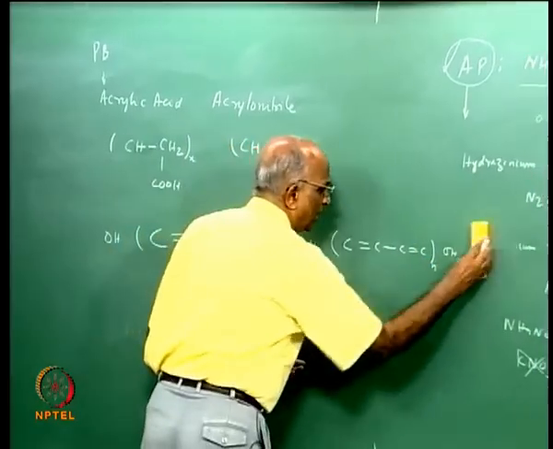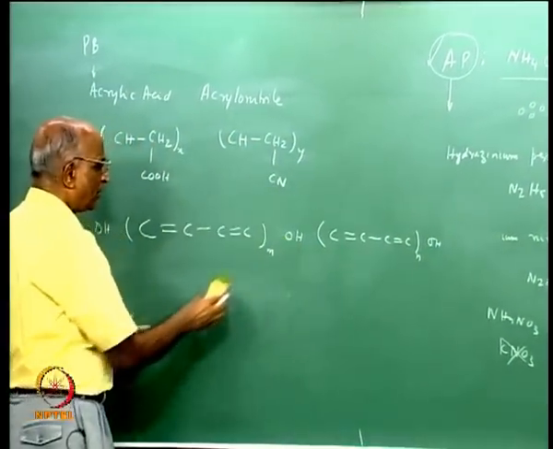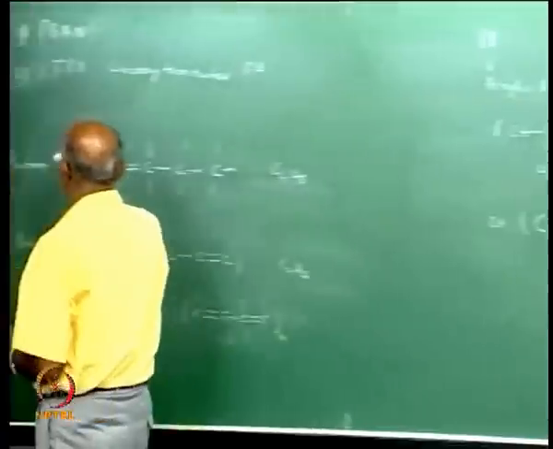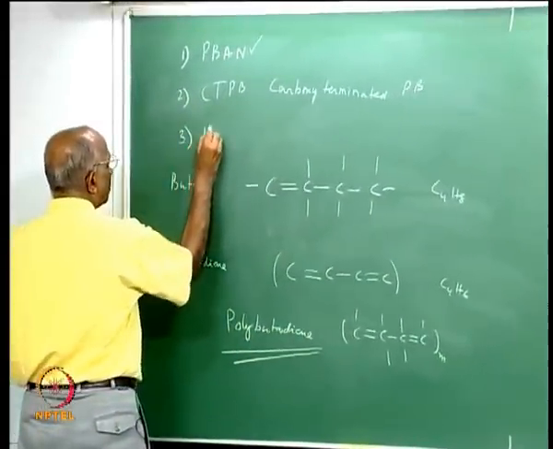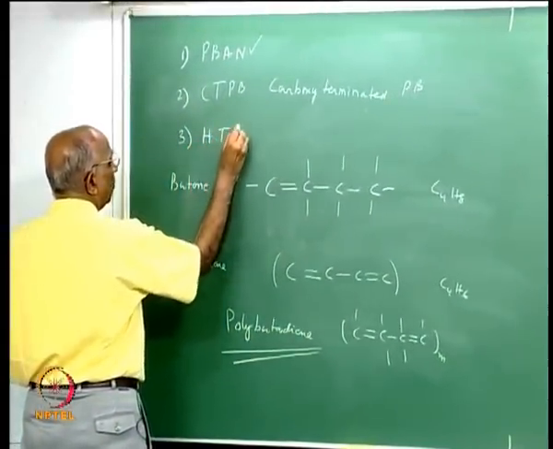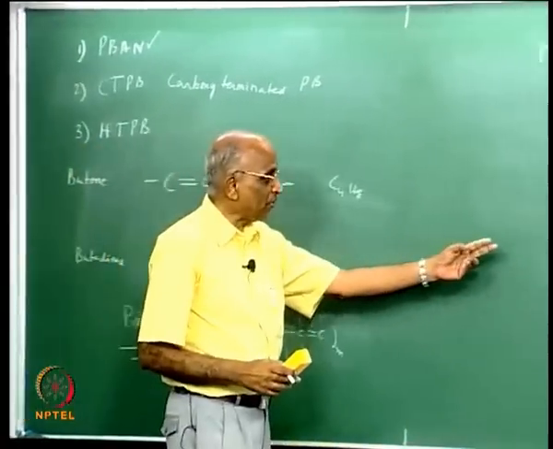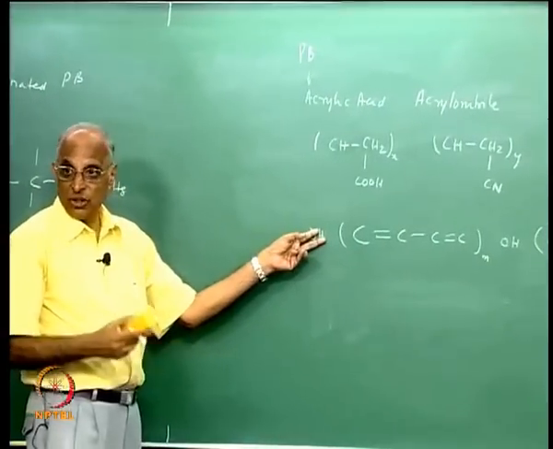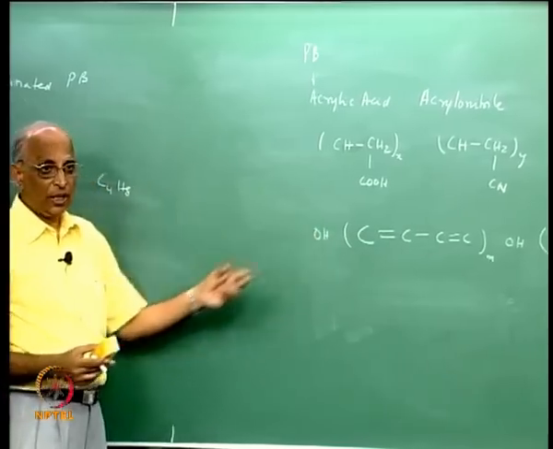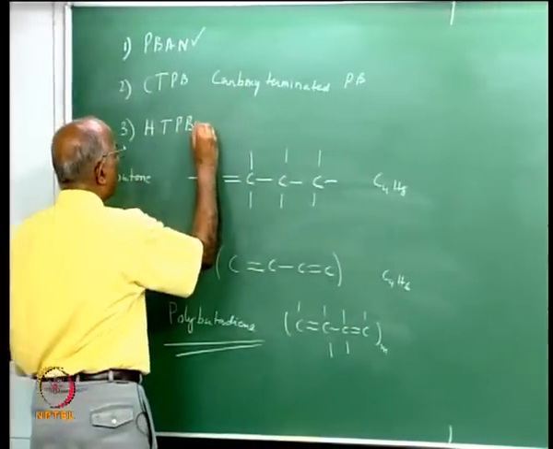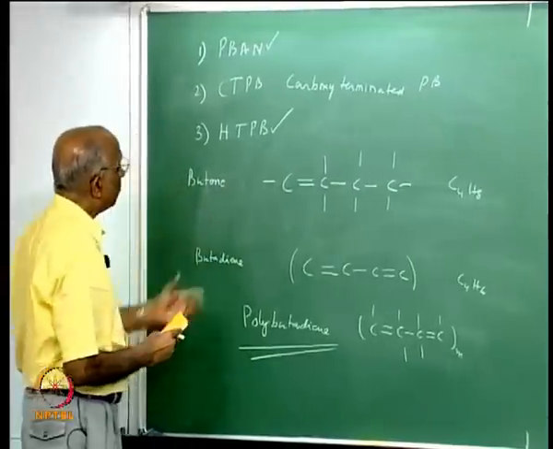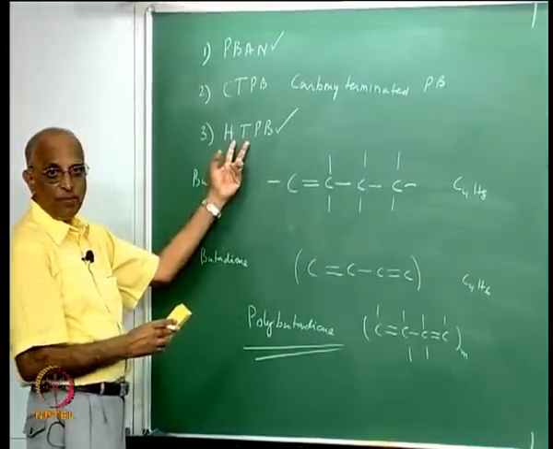I keep on terminating. At the end of the chain I put hydroxy radical, I call it hydroxy terminated polybutadiene. The advantage of using OH is hydrogen is available, it is much stronger and it is more energetic, and therefore the most popular propellant today, or most popular fuel for propellant, is HTPB.